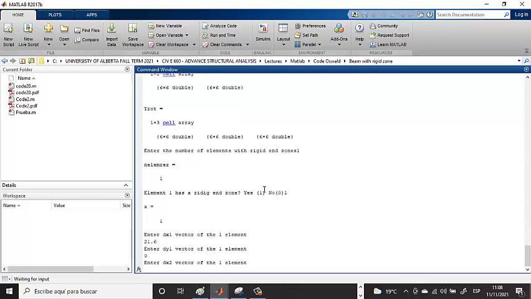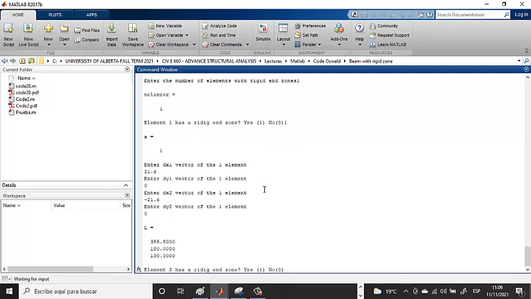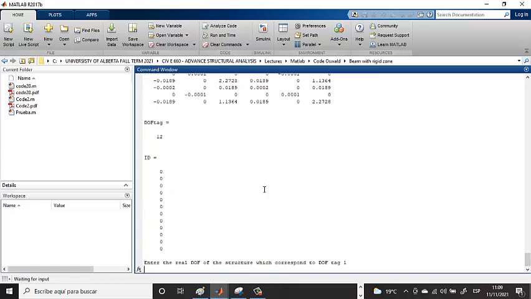And for the second rigid zone, that is at the end of the element, it needs to be 21.6, and the same, we have only a horizontal rigid zone, so this value is equal to 0. Element 2 has rigid zones? We can say no, the same as the third element.